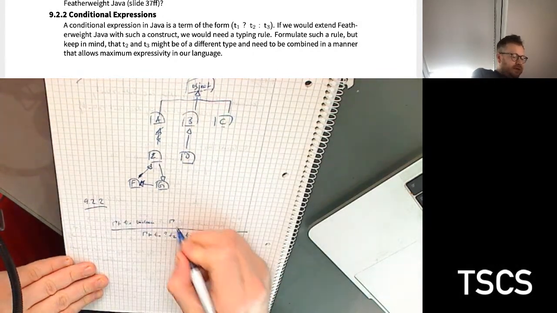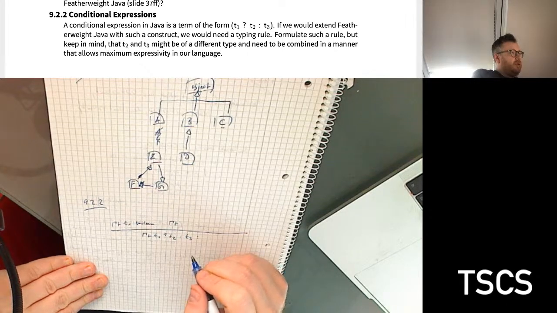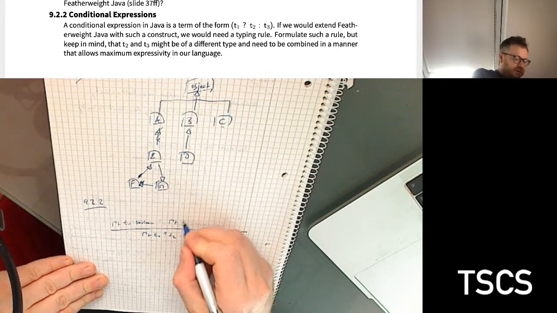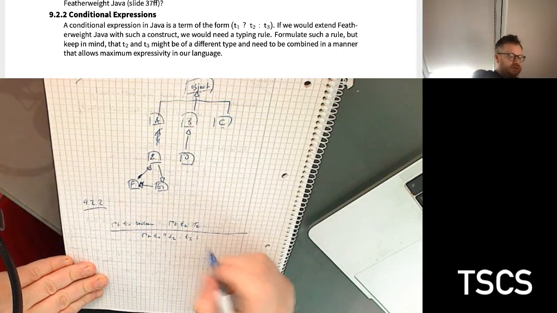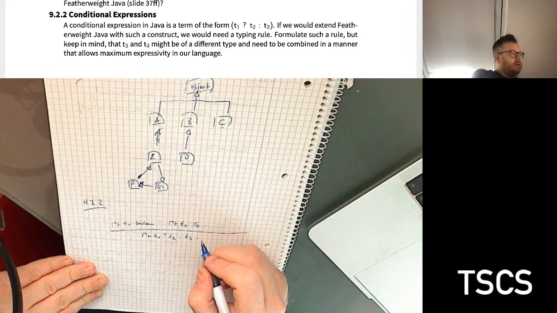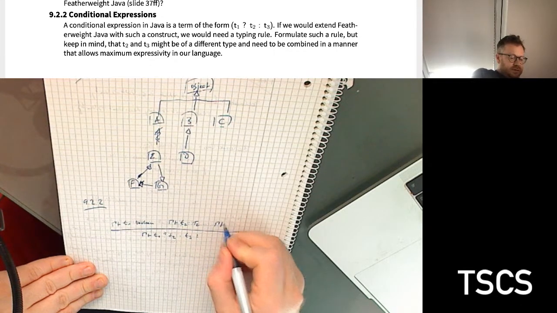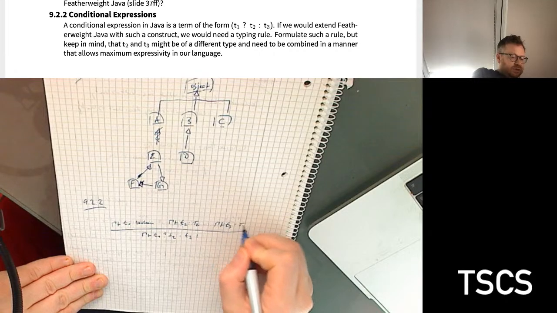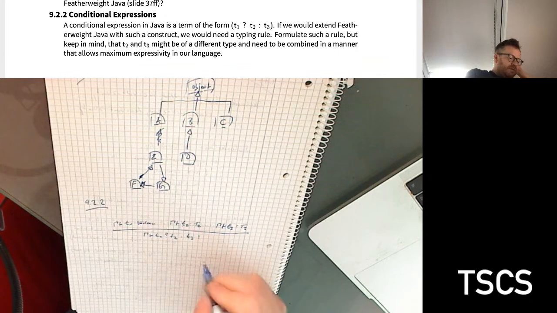The exercise said that T2 and T3 might be of a different type. So let's give them different types to get started, this to be T2 and this to be T3. So what's the overall type of this thing?